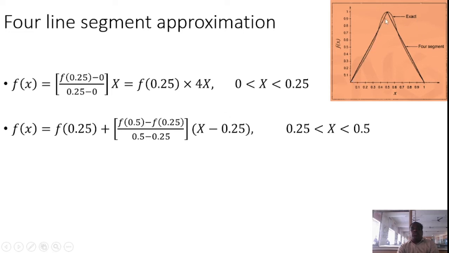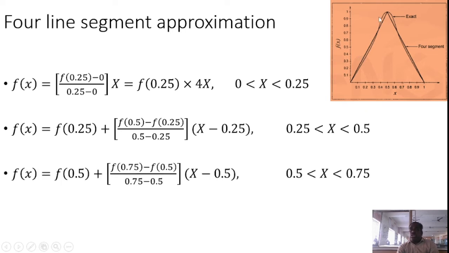The start point of 0.5 is 0.25, so f of 0.25 divided by 0.5 minus 0.25, which is here the 0.5 and here the point is 0.25, so 0.25 into what is the domain space here, x minus the previous 0.25, subtracting the total domain from 0.25, so x minus 0.25 I got, which is the second line segment.